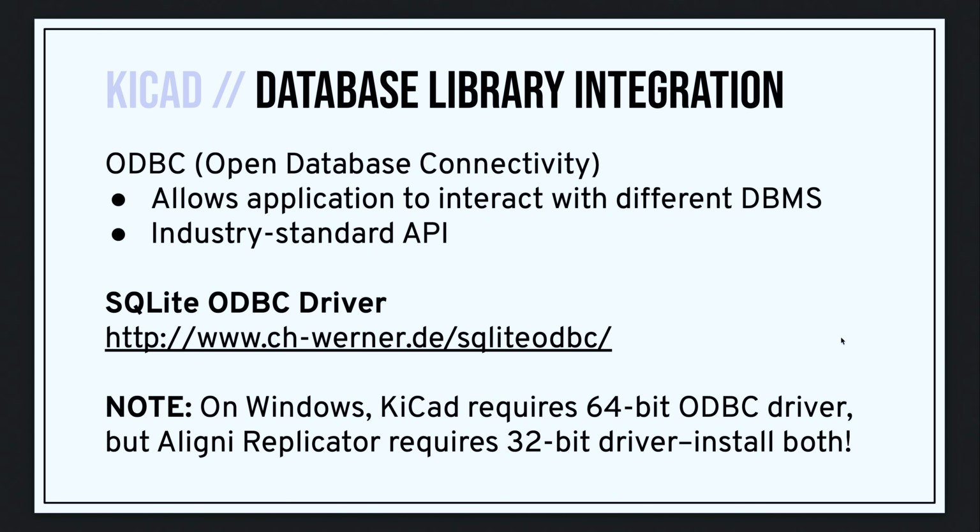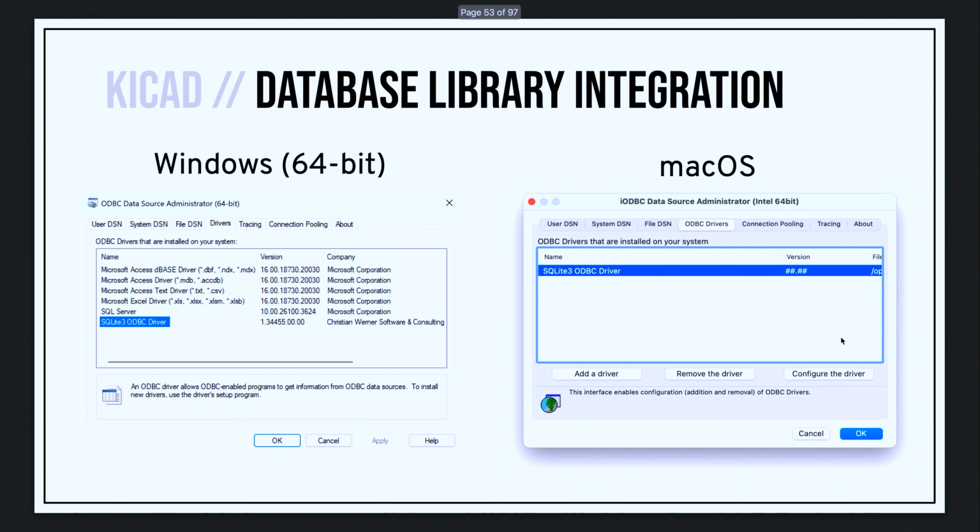So for SQLite, the one that we're going to be using here is this SQLite ODBC driver. You can just download it from this website and install it. And if you get everything set up correctly, you should see the driver installed in this ODBC data source administrator. I don't have a Linux machine that runs KiCad, so I couldn't show an example of that.